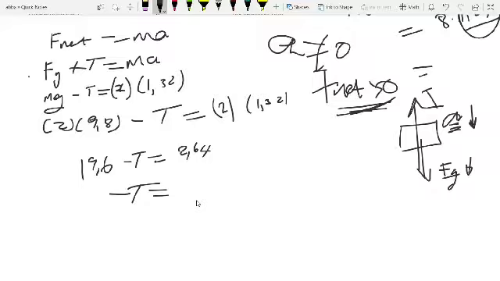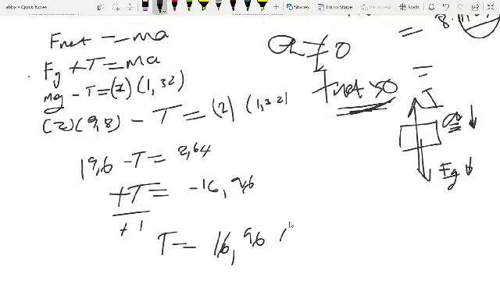How much do we get? Negative 16.96. Good. Divided by a negative 1. Why are we dividing by a negative 1? Because we want to get rid of this negative here. Eventually we're going to have T, which equals 16.96.